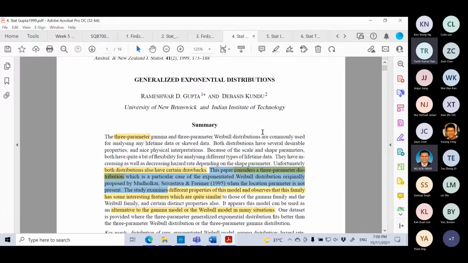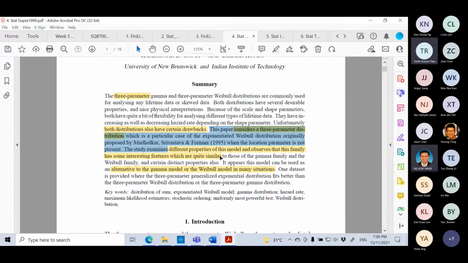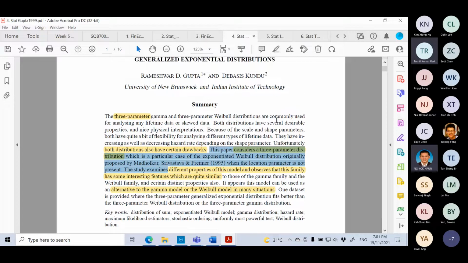Okay. So under this paper, of course, they also provide the theoretical justification, and then towards the end, they also use one set of data to demonstrate that their model performs better or fits better than the 3-parameter gamma and the 3-parameter Weibull distribution. So this is the summary under the abstract here.